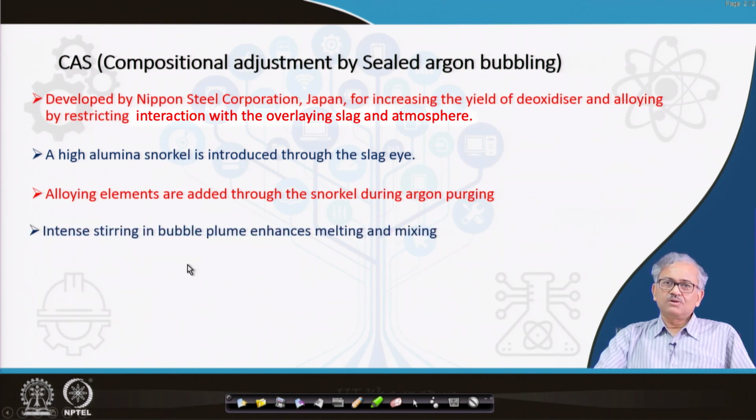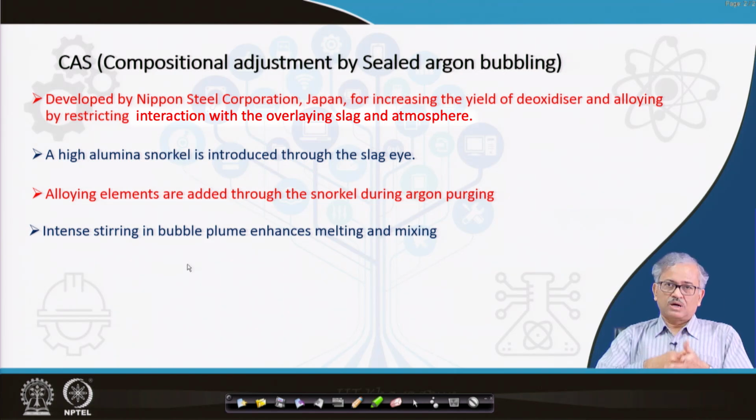Intense stirring you can also ensure, because we do not make very intense stirring otherwise, since I want to reduce the slag eye as much as possible, because the greater the slag eye, the greater the interaction with the atmosphere.